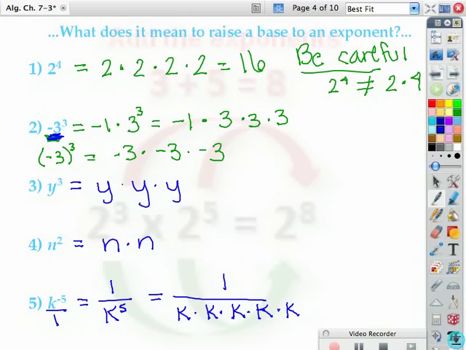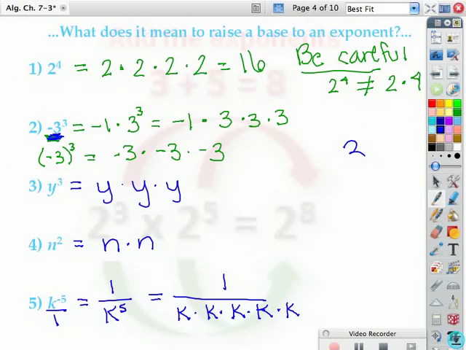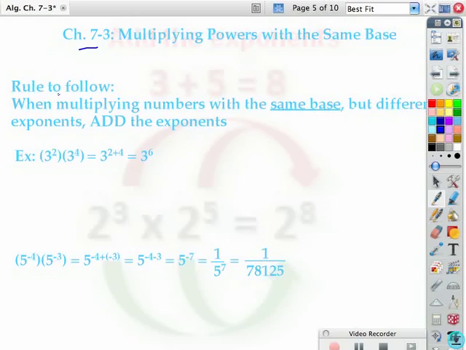Okay, so now that we've talked about what exactly they mean, let's go ahead and get into this chapter. So we're multiplying powers with the same base. Okay, now remember, the base was the number that was raised to the exponent. So in this case, the 3 is the base. A rule that you always want to follow when you are multiplying numbers with the same base, but different exponents, you add the exponents.